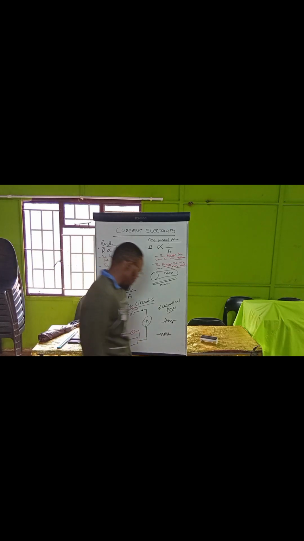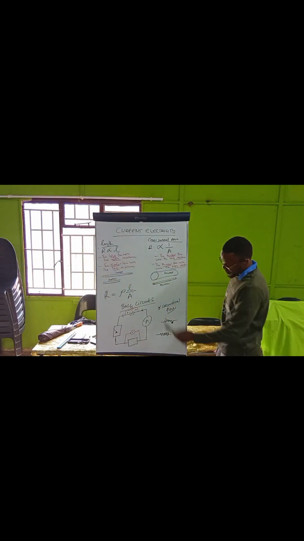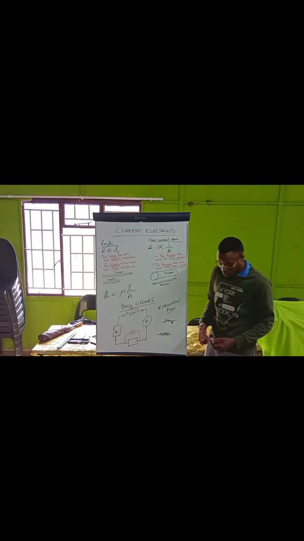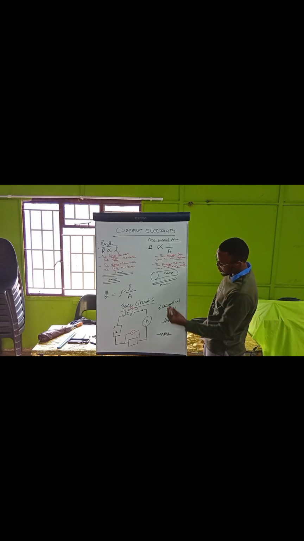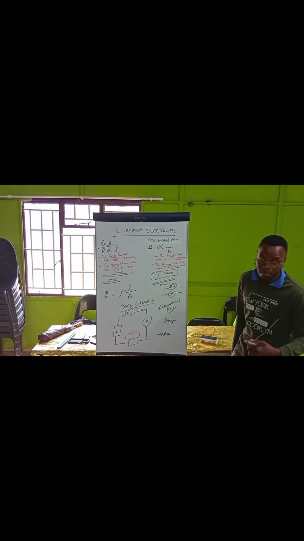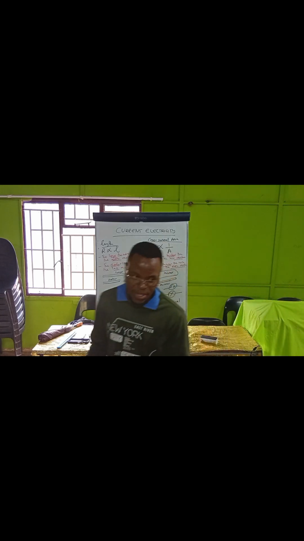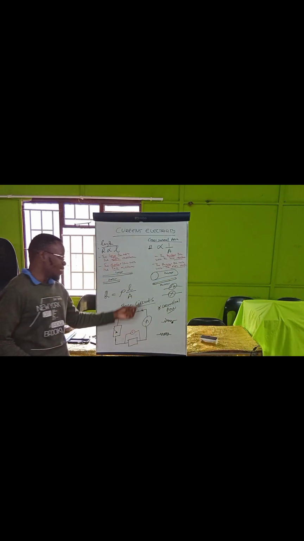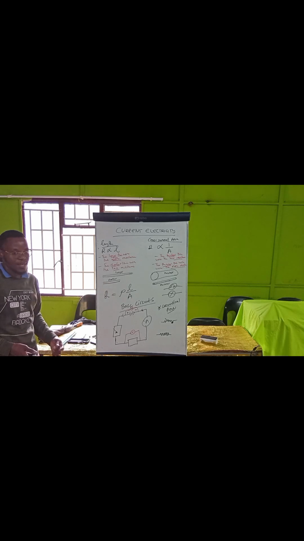Then we have this one. This is an ammeter. Sometimes it is illustrated with a bulb like this. So this simply represents a bulb, and it's the same as an ammeter, because an ammeter will be connected across a bulb.